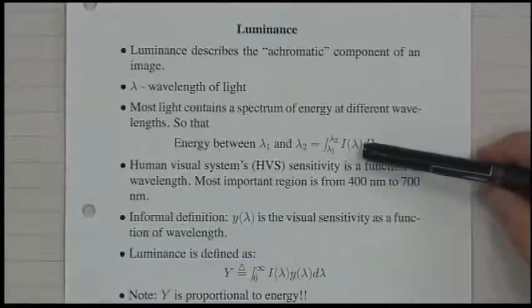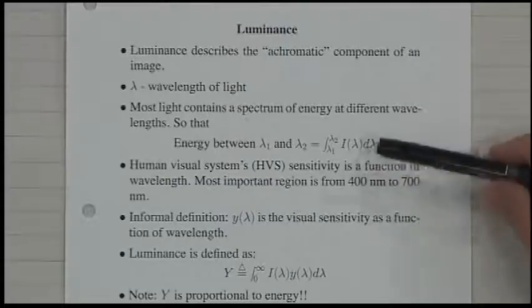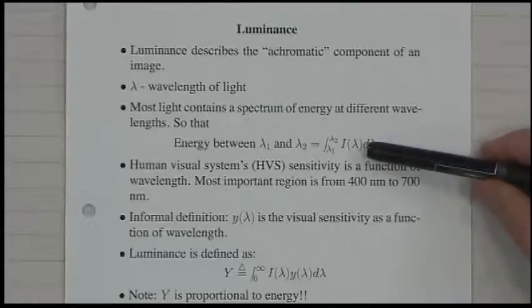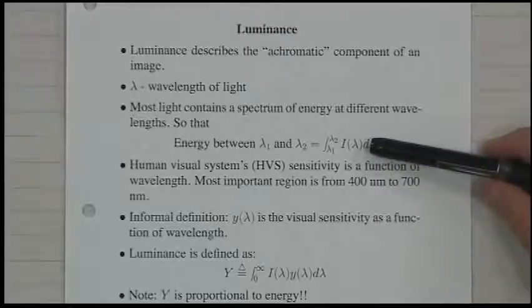Now, I'm being horribly abusive of all the concepts of units here, because I haven't really talked about the units. In practice, depending upon what you're measuring, this has to have different kinds of units that would make it meaningful, like energy in ergs per unit steradian, which is a solid angle.